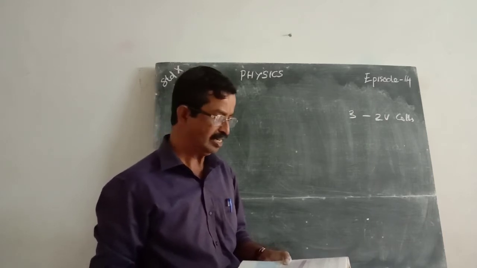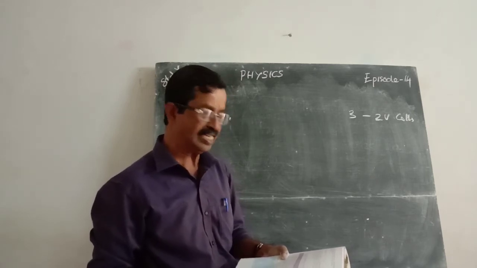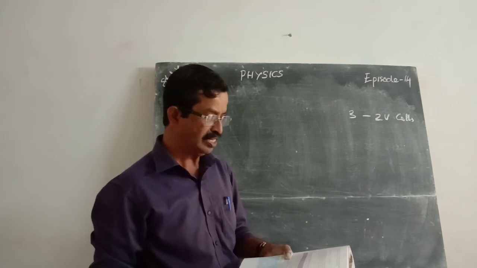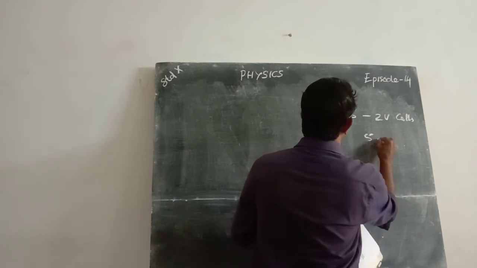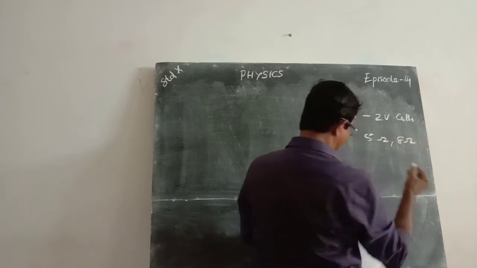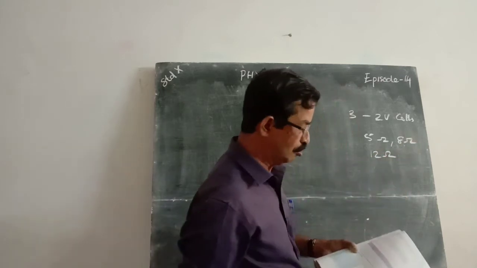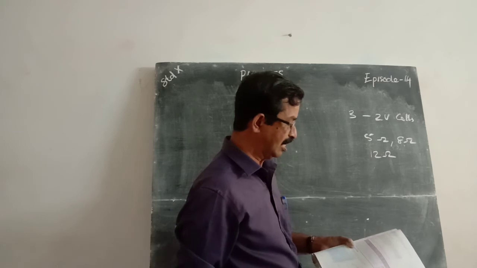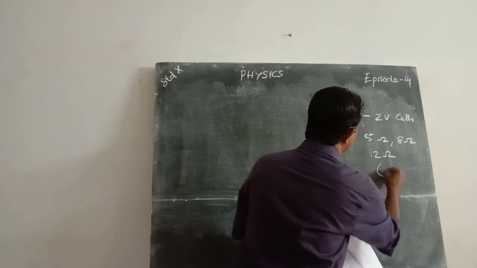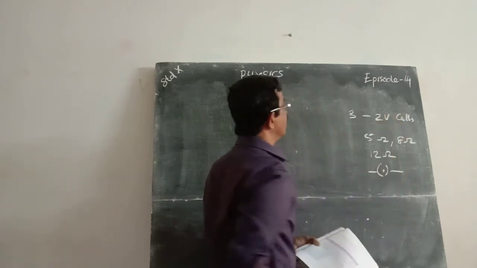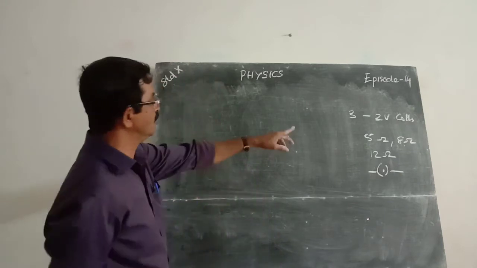What are the things given? A battery of 3 cells, 2 volt each, a 5 ohm resistor, an 8 ohm resistor and a 12 ohm resistor, and a plug key, all connected in series. Now, how will we connect all this?